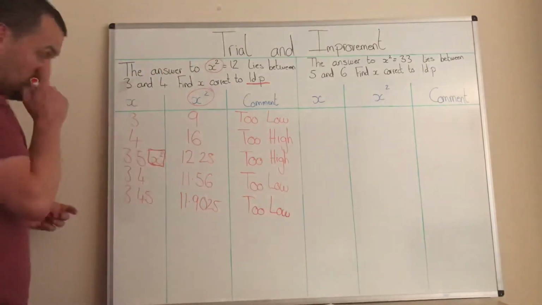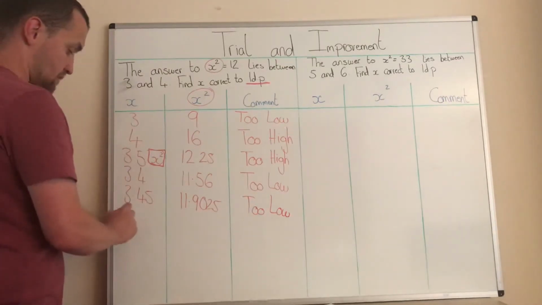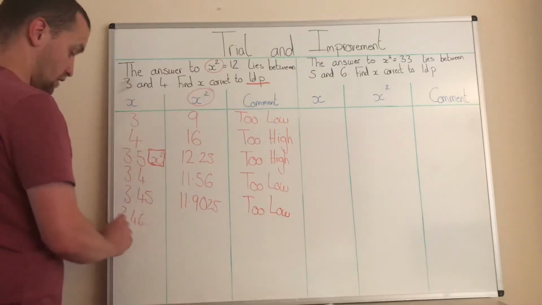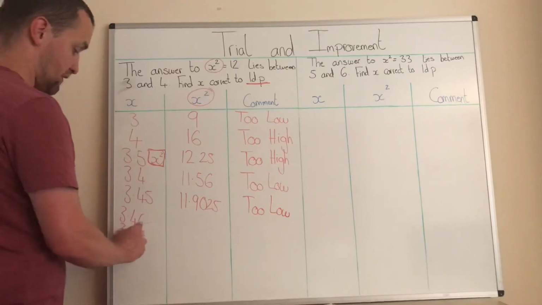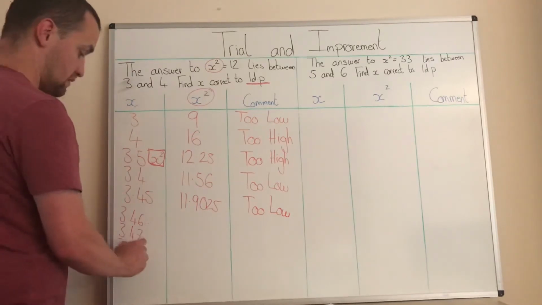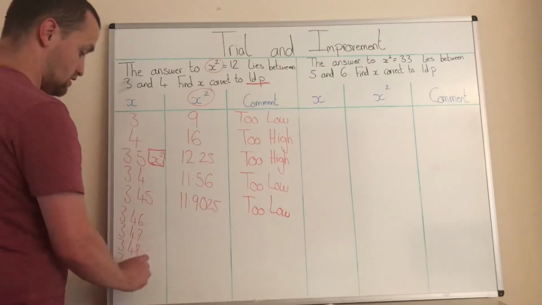Now what I want you to do, okay, if this answer is too low, our answer must be 3.46 something, or 3.47 something, or 3.48 something, or 3.49 something.